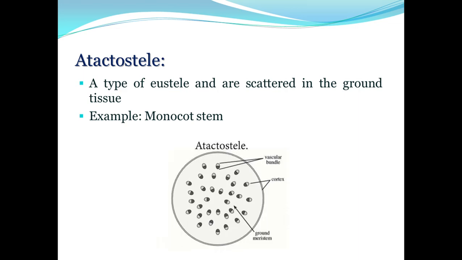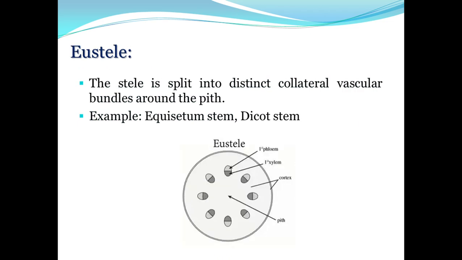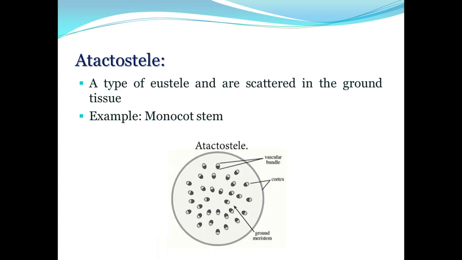Here the vascular bundles are scattered throughout the ground tissue, but in eustele they are arranged in a particular manner, while in atactostele these vascular bundles are scattered. So these are the differences between eustele and atactostele.